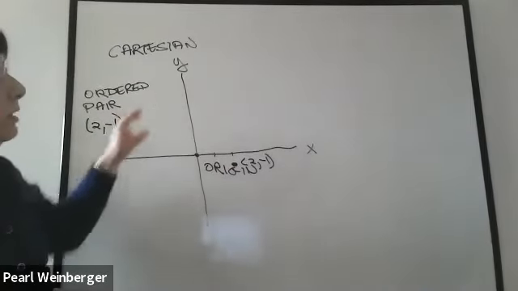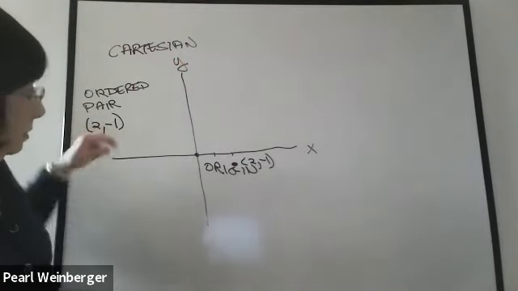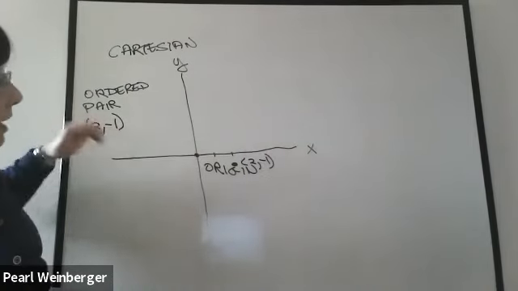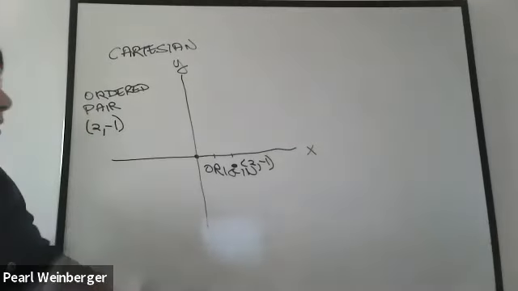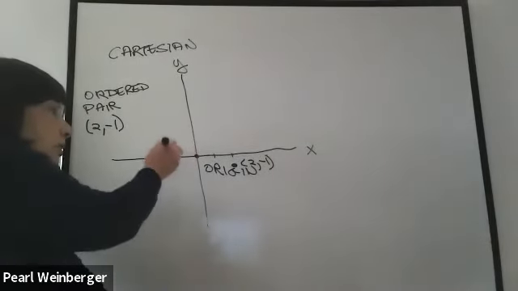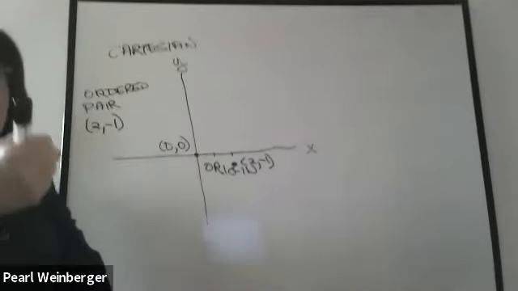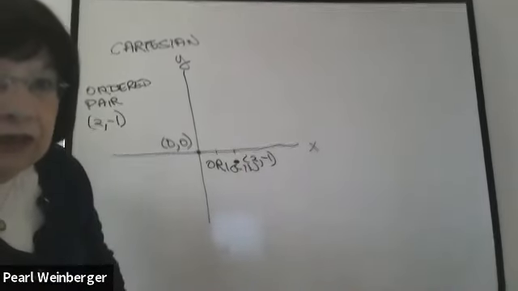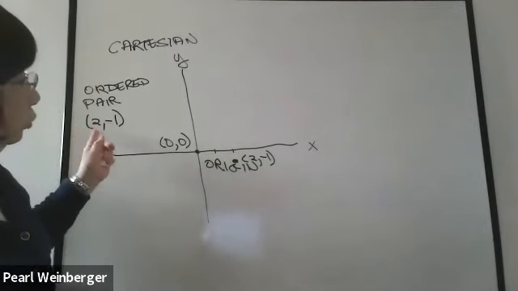And every single point on the graph has a set of numbers associated with it. And every pair of numbers is associated to a point. For example, the origin has the coordinates 0, 0. When I talk about the word coordinates, I mean the numbers that tell you how to get to the point. And very often I'll talk about the point 2, -1.